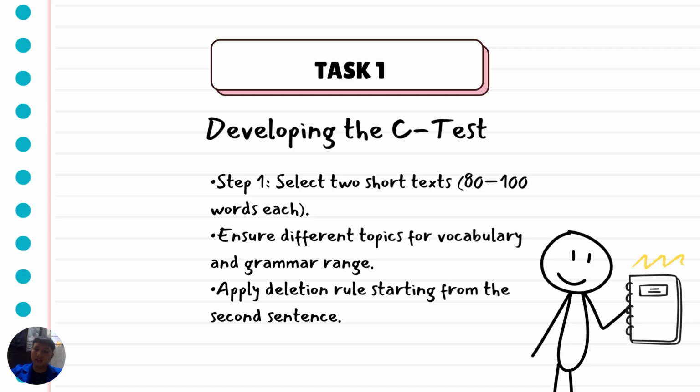Then we delete the second half of every second word, starting from the second sentence, and students must fill in the missing parts. We're gonna ensure different topics for vocabulary and grammar range, and apply deletion rules starting from the second sentence.